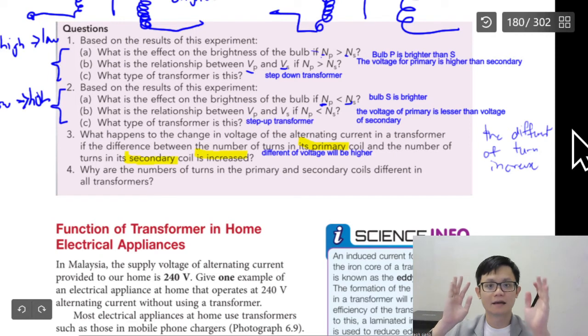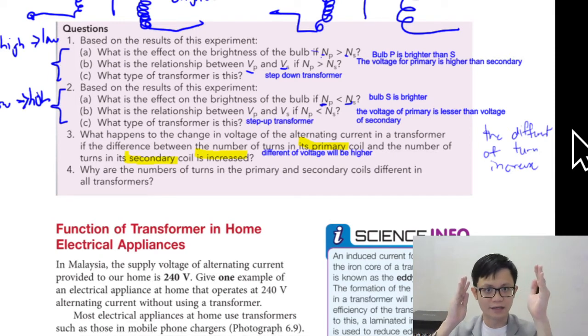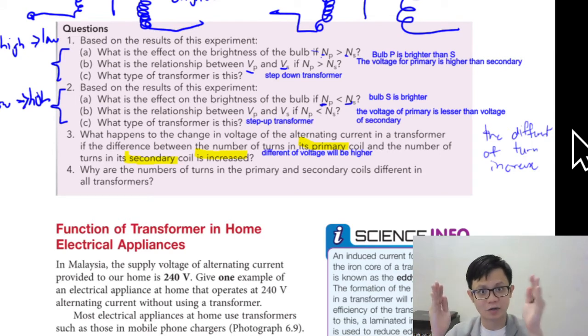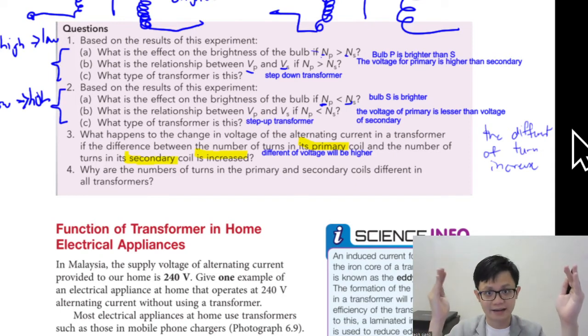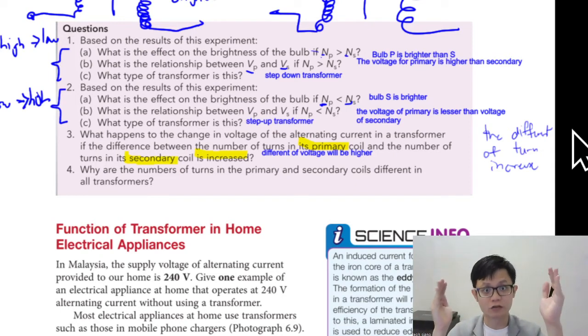Let's say 20 and 10, the difference is 10 because 20 minus 10. So the difference between the two coils, primary and secondary, is 10. If I put 50 and 10, the difference is 40 because 50 minus 10 is 40.